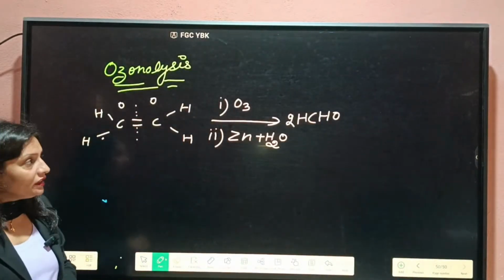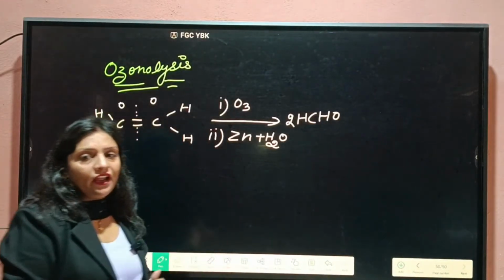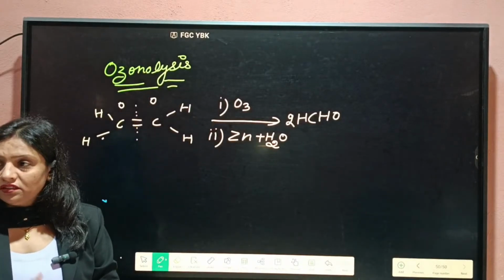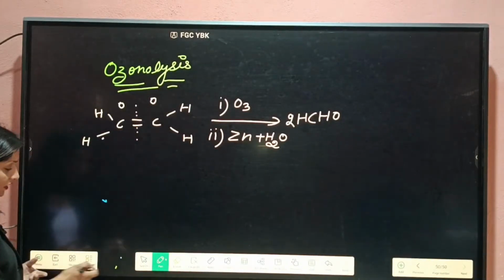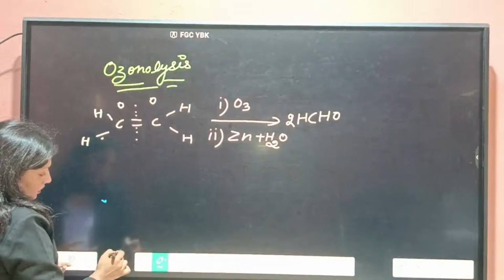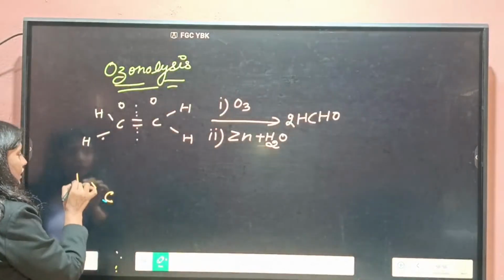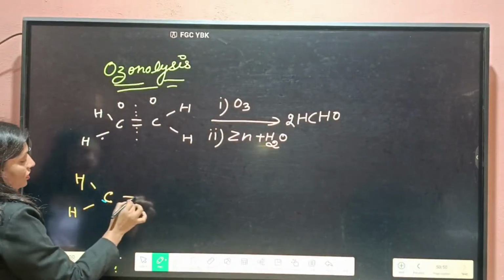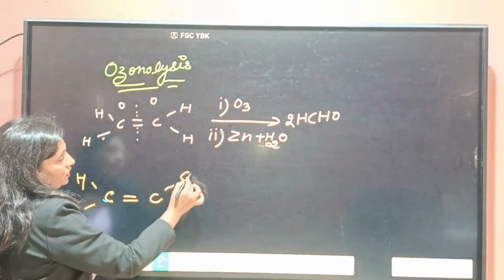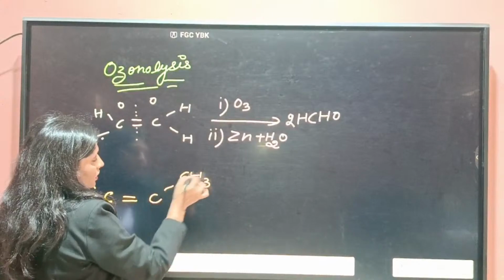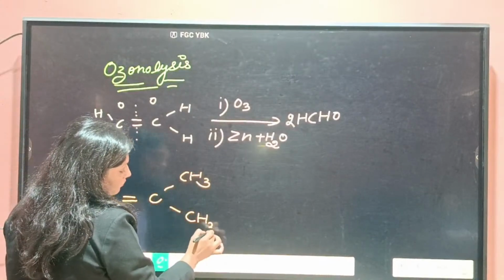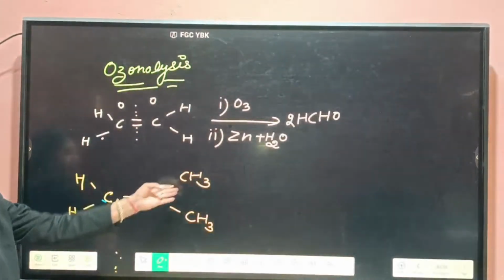You get either aldehyde or you can get ketone also. Like this. If I write CH2 double bond C here, this carbon can form bond with CH3.